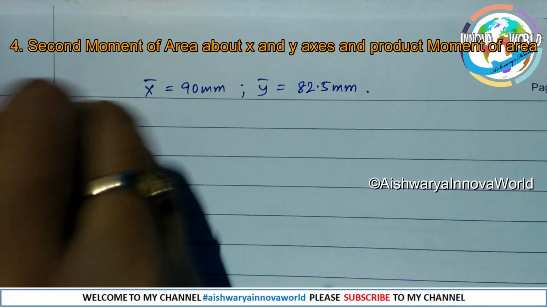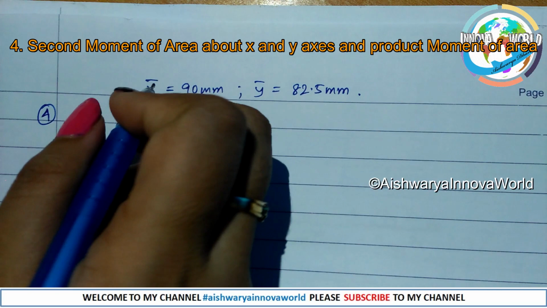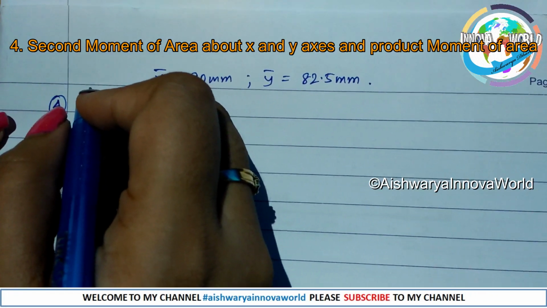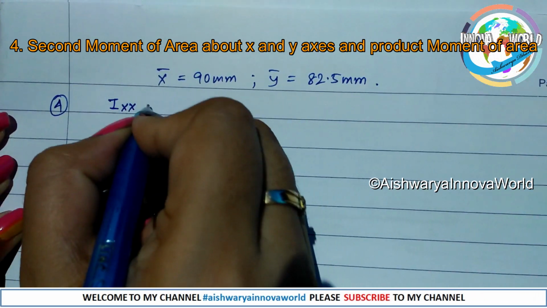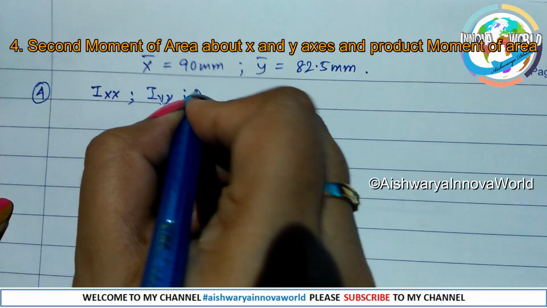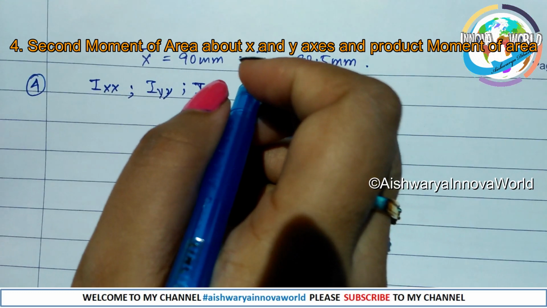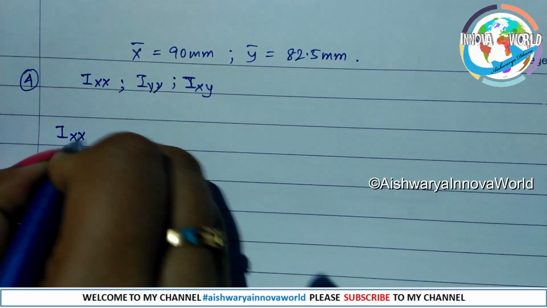Now our fourth step, to find the second moment of areas about the x-axis, y-axis and the product moment of area. That means we have to find Ixx value, Iyy value and Ixy value. Okay, now first let me solve Ixx value.